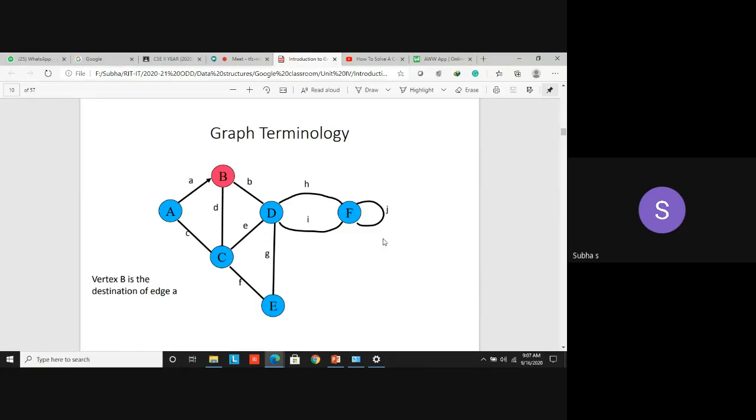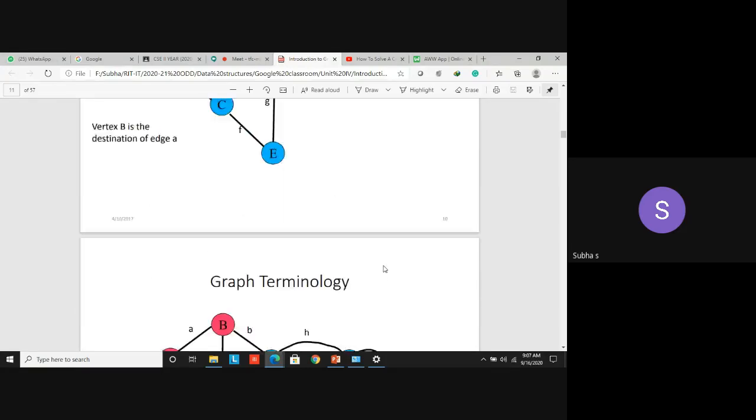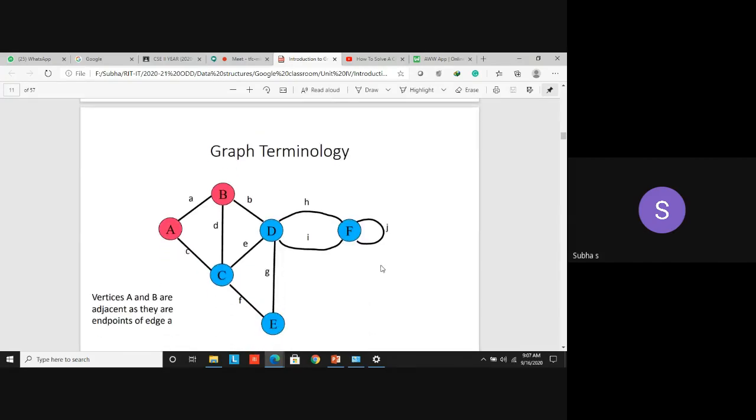Okay, so here B is the destination of the edge A. Now, the same diagram only, for different definitions I am mentioning separately.